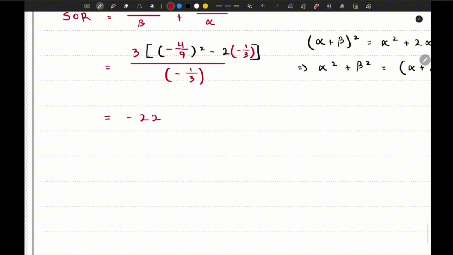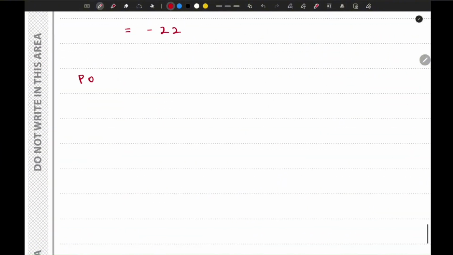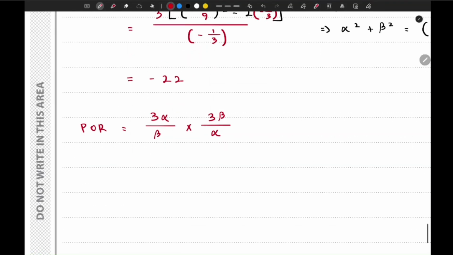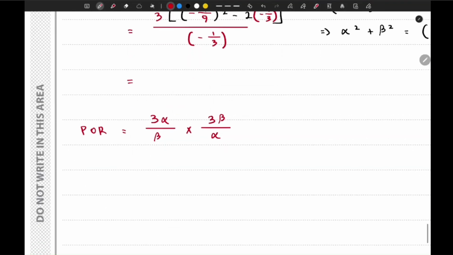Now let's find out the product of roots. So the product of roots can be written like this: 3 alpha divided by beta times 3 beta divided by alpha. Okay, so there was a slight mistake in the calculation. This is not negative 22. This is negative 70 divided by 9.